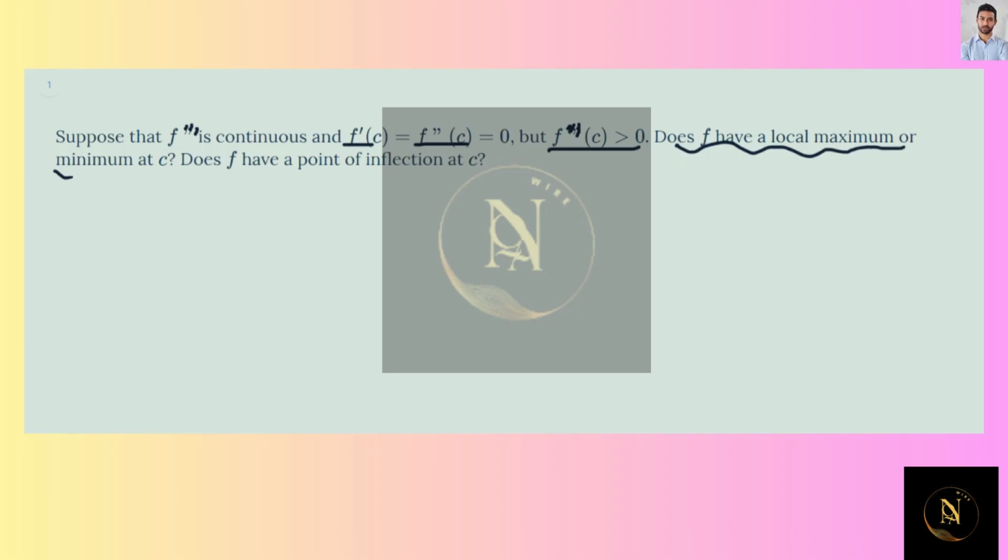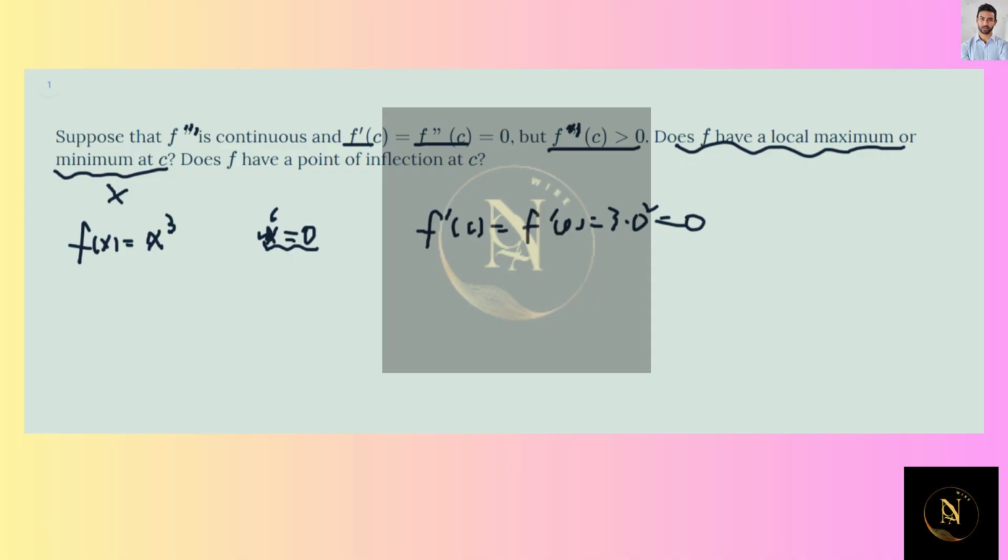for this question, the answer is not necessarily. The counterexample is if f of x is equal to x cubed, at the point x equal to 0, if c is equal to 0, we have f prime c is equal to f prime 0, which is equal to 3 times 0 squared, which is equal to 0.